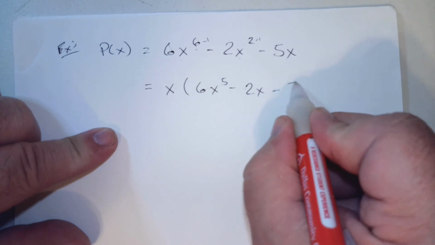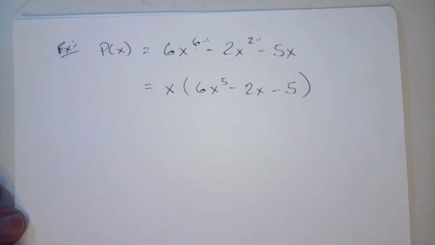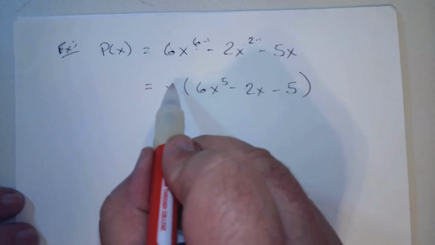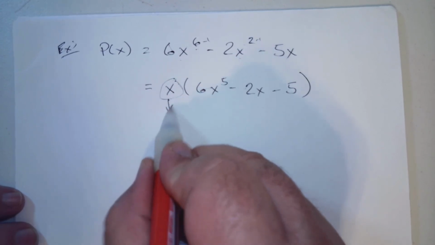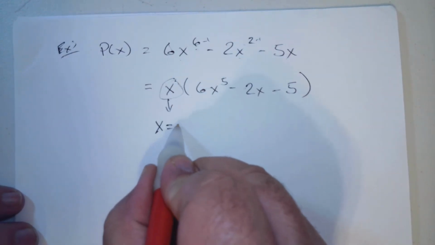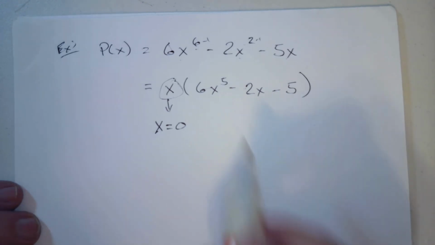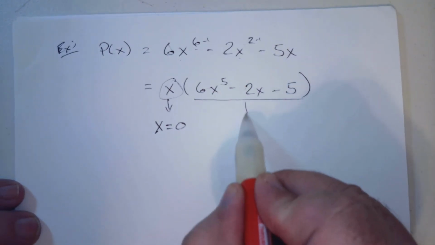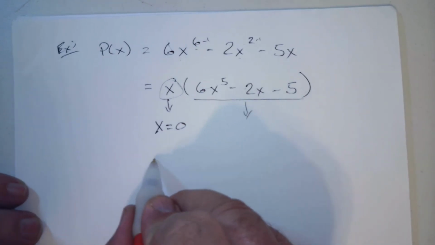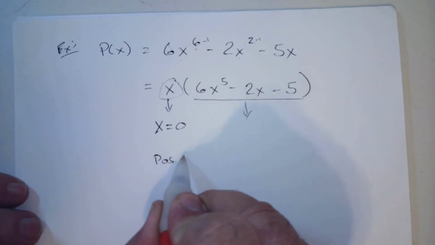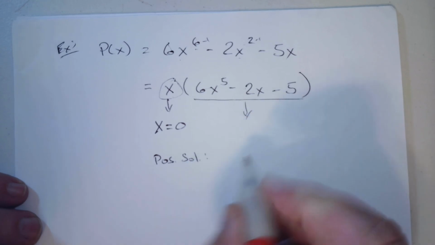And that one's gone, so it's just 5. So because this x is out here, we know one of my solutions has to be x equals 0. So all I do now is I look at this for positive solutions.